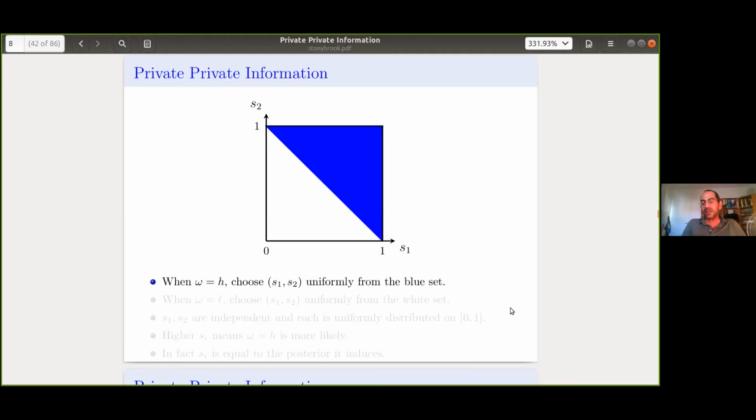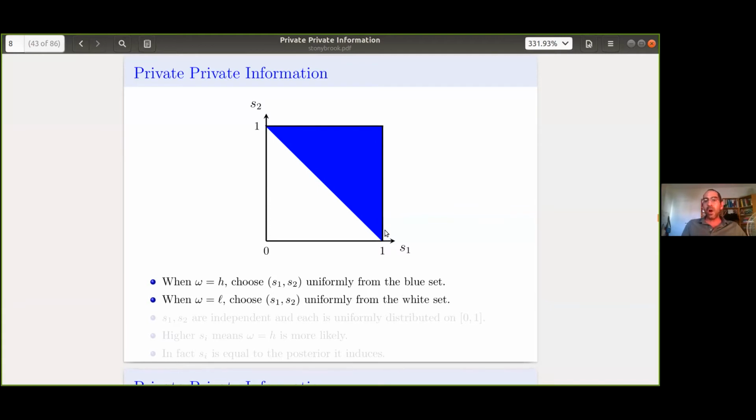Okay, so first, let me show you an example of private signals. What I have here is, can you guys see my mouse? Yeah, okay. What I have here is the unit square in R2. And here's how I'm going to choose omega and the signals. When omega is high, I'm going to choose the signals from the uniform distribution over this blue triangle.